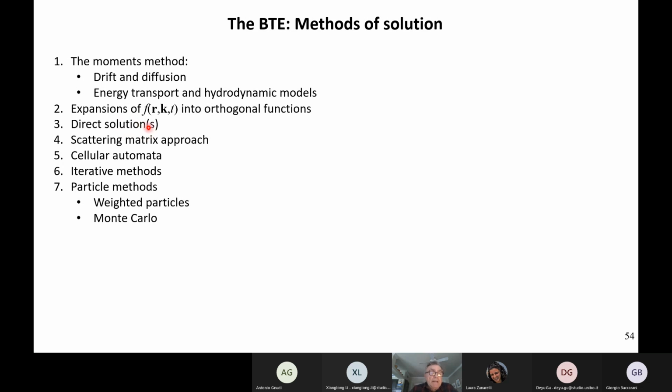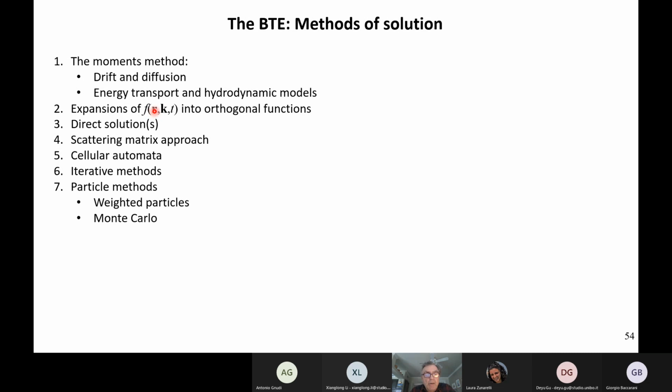Direct solutions: even with today's machines and large amount of memory, if you consider a 3-dimensional time-dependent device and you want to discretize the Brillouin zone in a sufficiently accurate way, the rank of the linear system, or even worse, the nonlinear system that you obtain by discretizing f, is too large.